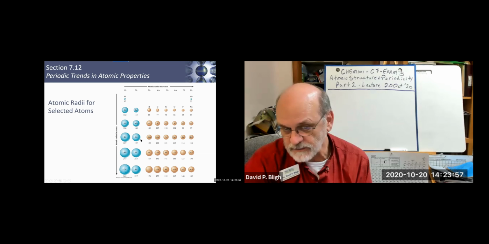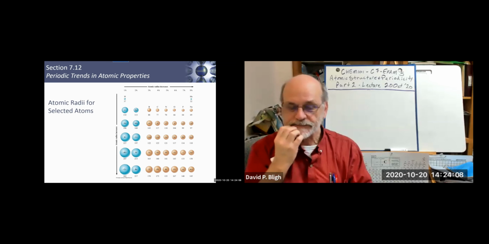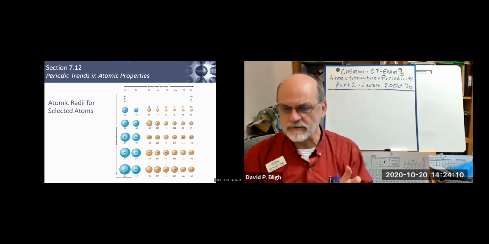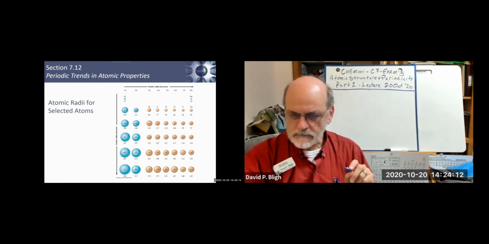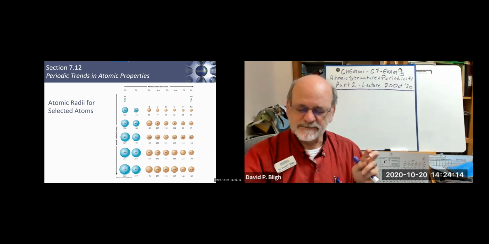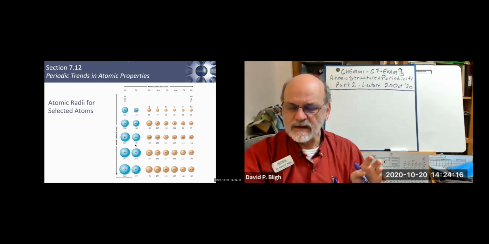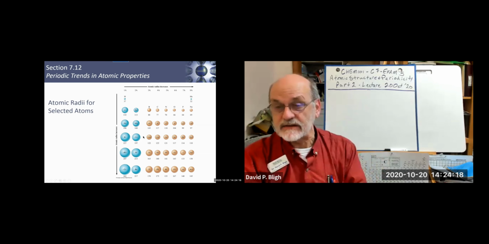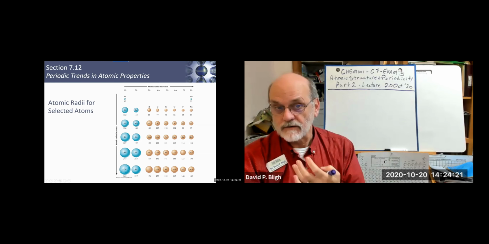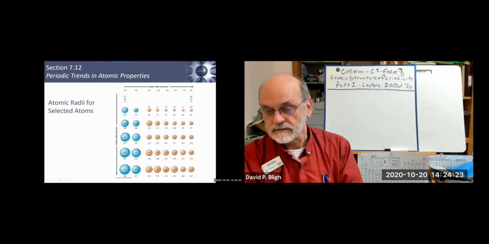And the reason for that is the transitions are like a universe all to themselves because they're dealing with d orbitals, and they don't fit the pattern very well. So for the trend, atomic radius is more evident in its trends when we're looking at the representative elements only.